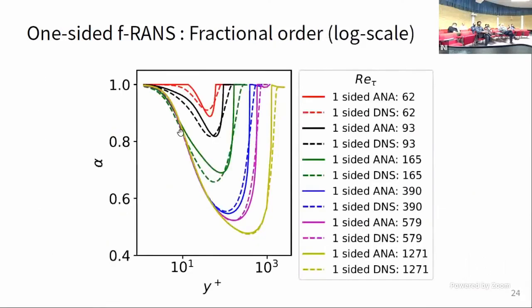For the sake of completeness, this is just plotting over y plus, and as you can appreciate, as the Reynolds number increases, the fractional order decreases quite a bit. At some point, it will also have the same discussions that we had for the channel and the cited paper in the earlier discussions.